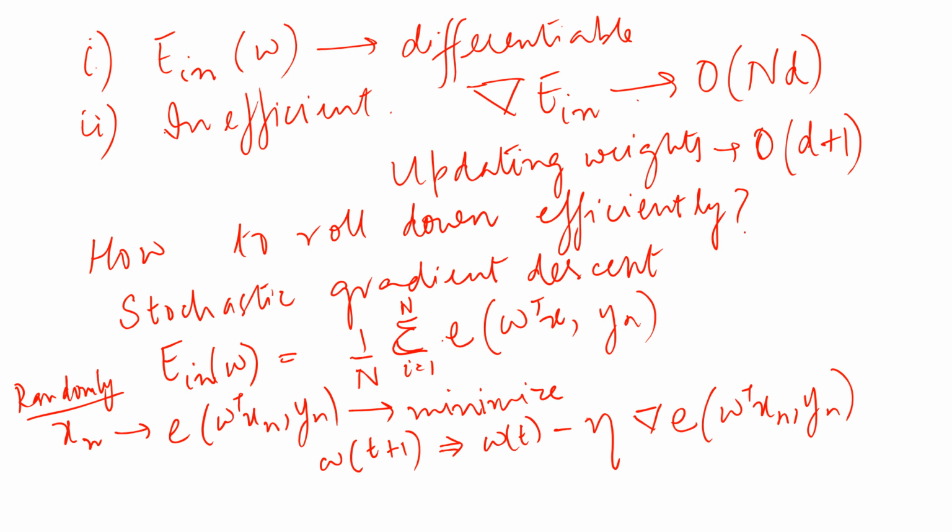So on average, the expected value of this gradient is still going to be equal to the gradient of my E_n. Why? Because we picked this point randomly, so it could have been any one of those in my data. And so using that logic, that the expectation of this error is almost equal to E_n, we can define this error e(w^T x_n) to be very close or almost equal to what we defined E_n earlier.